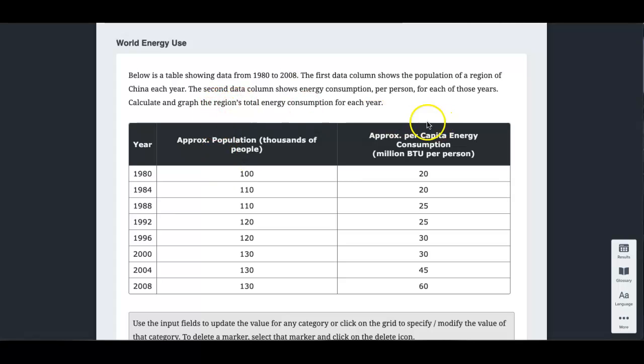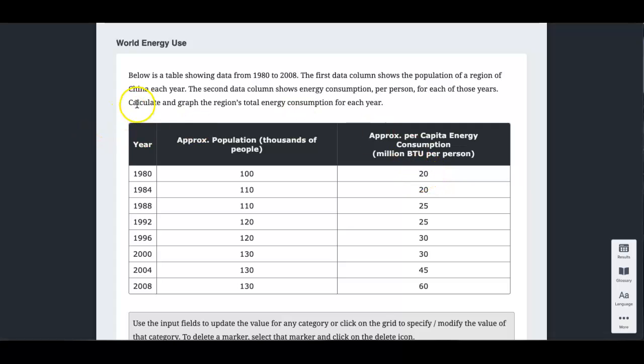Okay. The second column is showing you how much energy each of these people is using for each of those years. So in 1980, there was 100,000 people in China, and each person was using about 20 million BTUs. And that's just a measurement of how much energy they used.